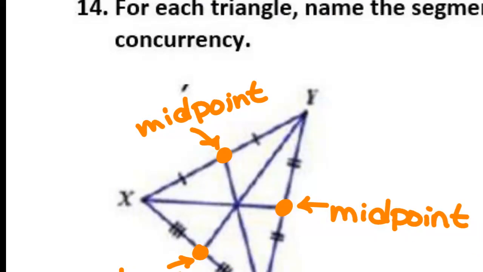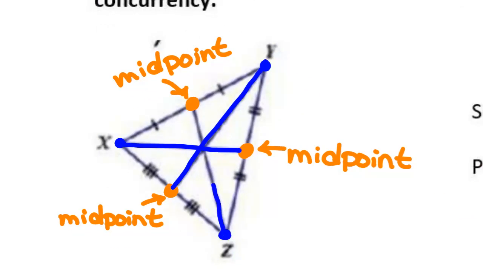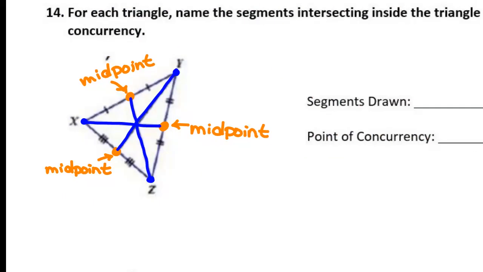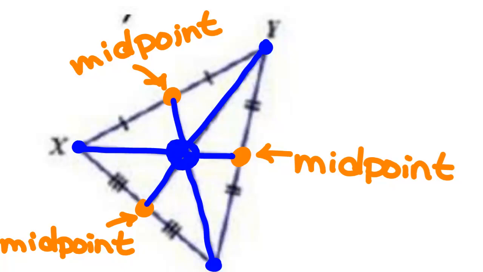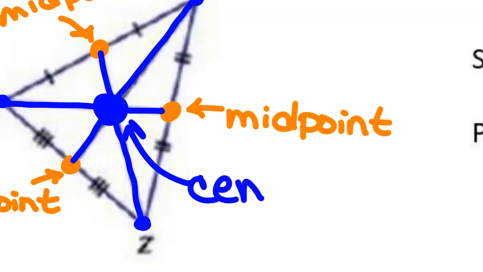What do we call segments that go from a vertex on the triangle to the midpoint? Vertex to a midpoint. You're right, median.